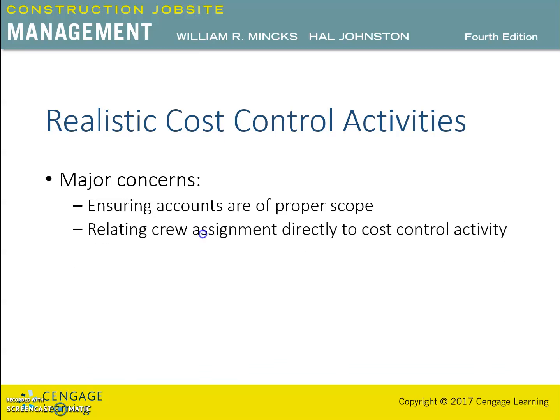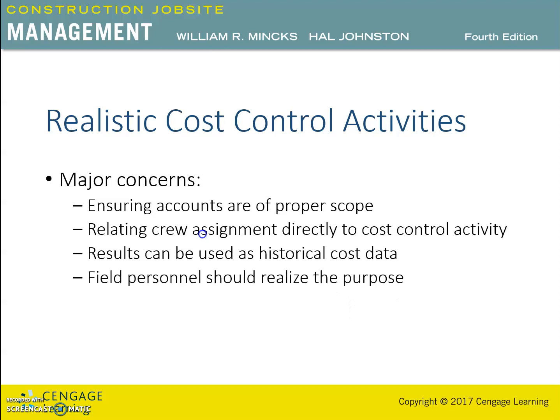Relating the crew assignments directly to the cost control activities. So the crew assignment should be clear and understandable. Cost account results should be able to be used as historical cost data. Field personnel should realize the purpose of cost control and report the costs accurately.